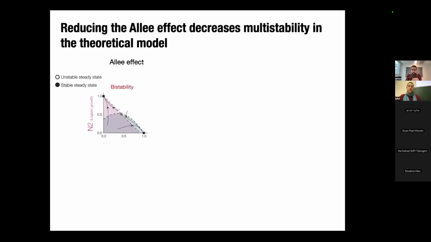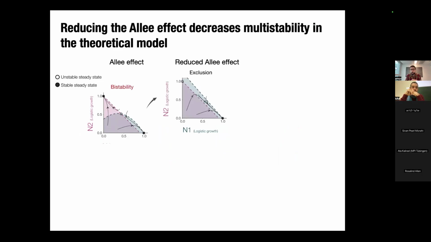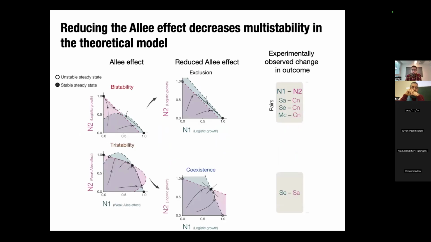And according to the model, there were many different things that could happen when you change from cooperative growth, from this Allee effect, where we have a lot of bistability, to something with a reduced cooperation or reduced Allee effect, in which you can have more cases in which one species wins. And actually, these map well into the experimental results for the competitions between these different species.